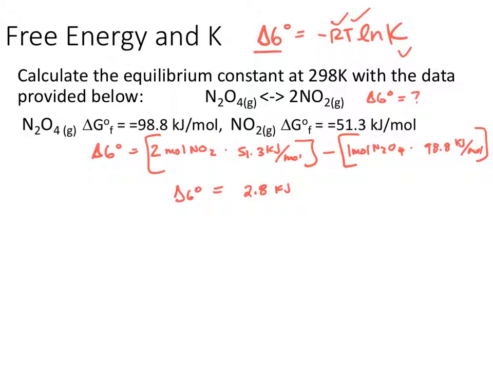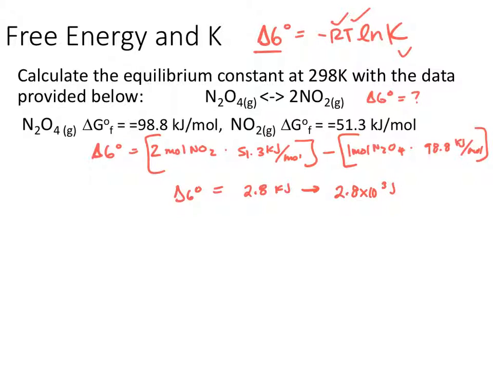Remember, our R constant is in joules, so we need to make a decision about what we're going to convert into. We can either change this into joules or we can change our R into kilojoules. I'm going to just change our kilojoules for our delta G value into joules. So that's going to give us 2.8 times 10 to the third joules.